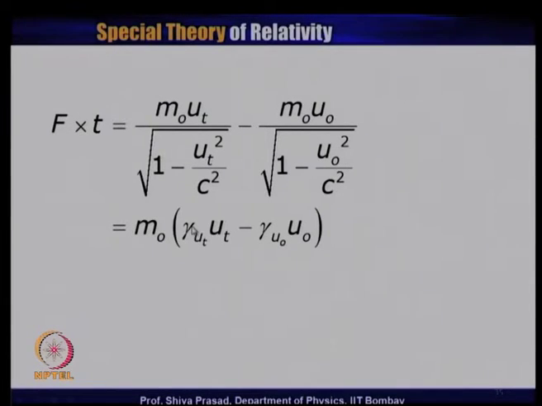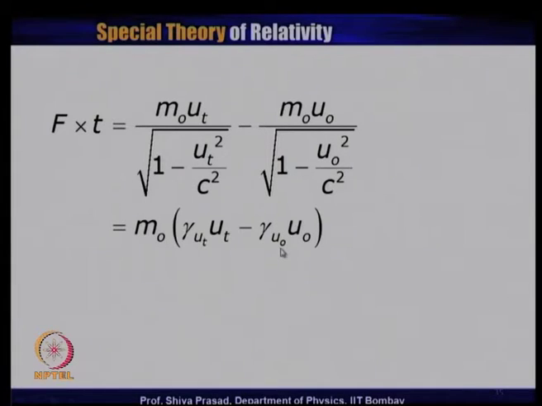Gamma corresponding to this speed is gamma ut, and gamma corresponding to the initial speed is gamma u naught. So the same expression is m naught multiplied by gamma ut minus gamma u naught. M naught has been taken common, and this is my expression.